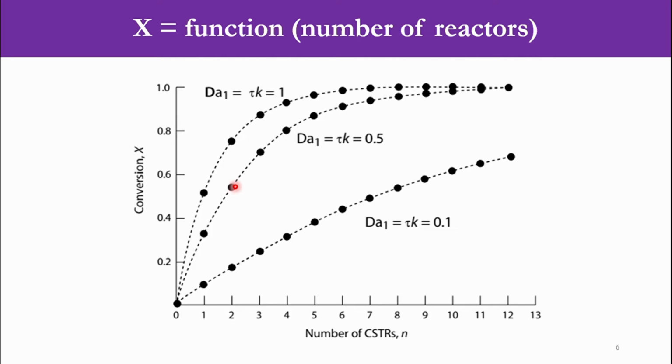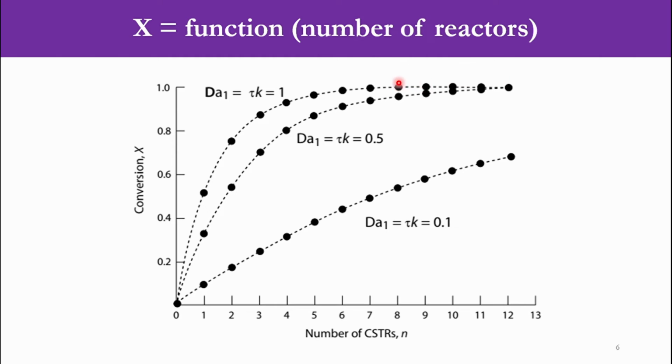Here it will be above 50%. Here it will be nearly 75 to 80%. So you see there is a huge difference. Once you go to 12 reactors, the value is continuously increasing, but the maximum limit is roughly 65 to 70%, while here it is almost approaching 100%.